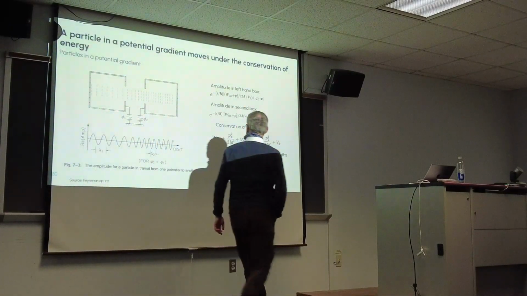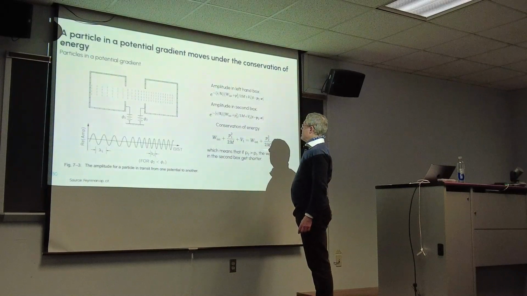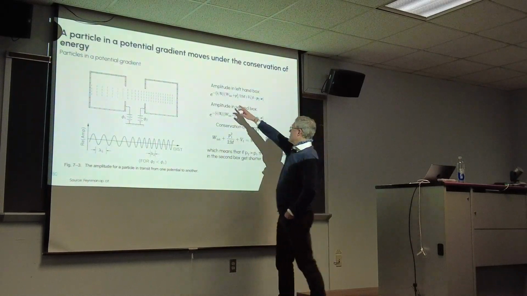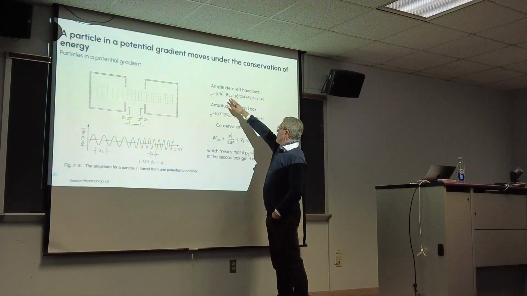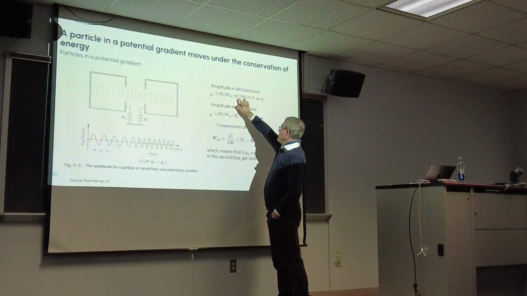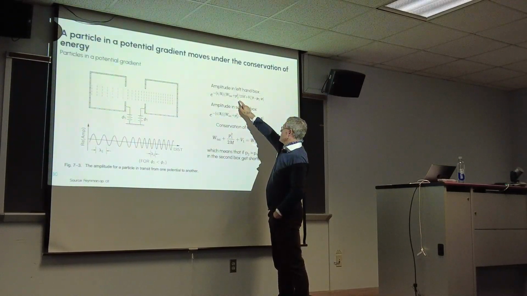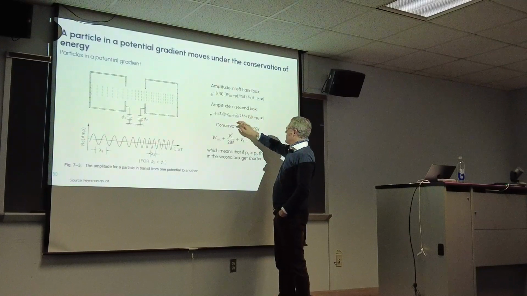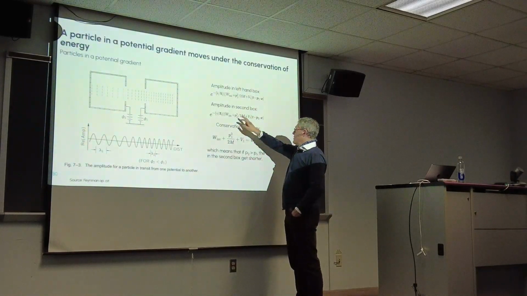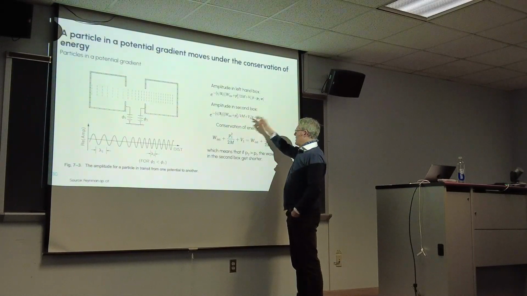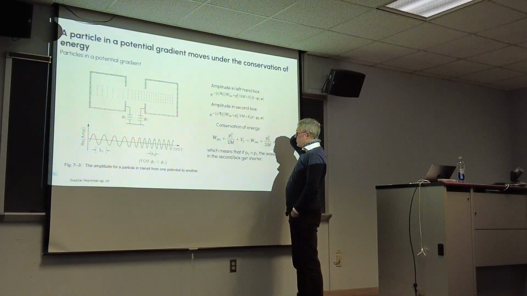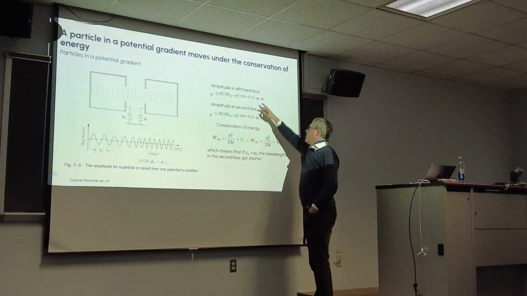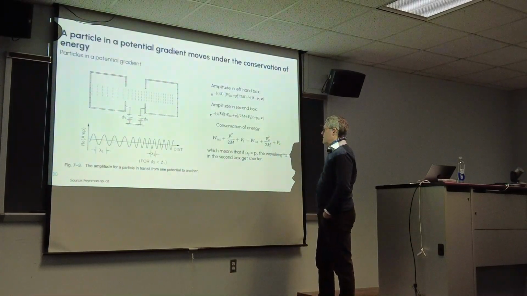And so in the left-hand box, you see that the amplitude of the particle is the internal energy plus the kinetic energy with momentum P1 plus the potential energy, and here it's the kinetic energy with momentum P2 plus the potential energy, minus always the momentum times the distance.